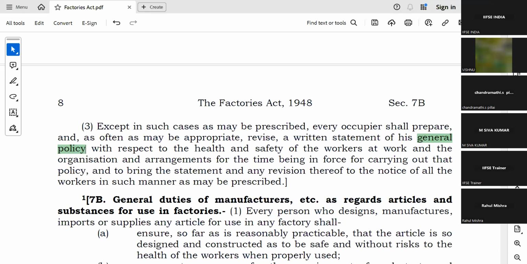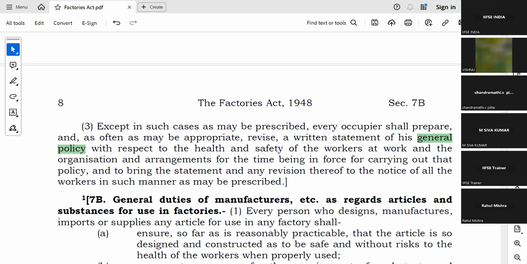Except in such cases as may be prescribed, every occupier shall prepare, and as often as may be appropriate revise, a written statement of his general policy with respect to the health and safety of the workers at work, and the organization and arrangements for the time being in force for carrying out that policy, and bring the statement and any revision thereof to the notice of all the workers in such manner as may be prescribed.